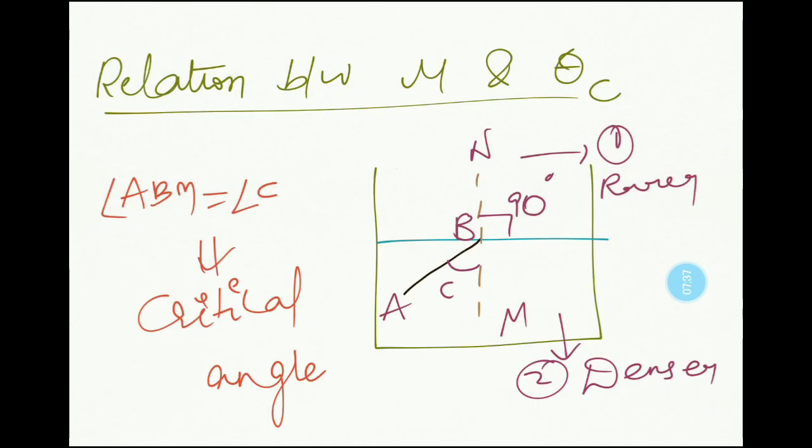Okay, now we are going to make out the relation between refractive index and critical angle. First we will try to find out the refractive index of 1 with respect to 2. This will be equated to Snell's law, sin i by sin r.